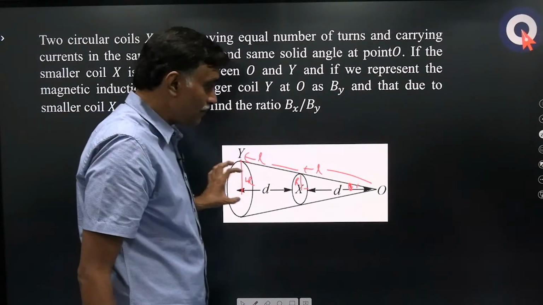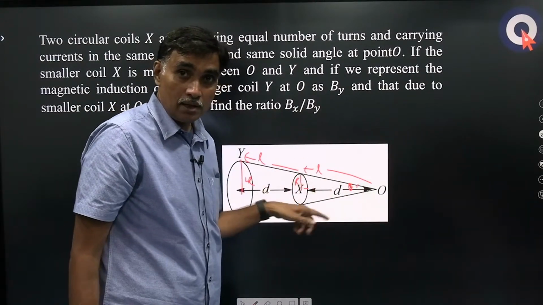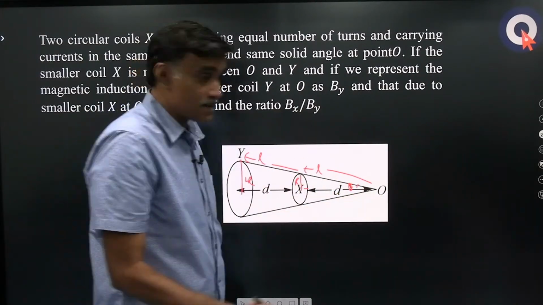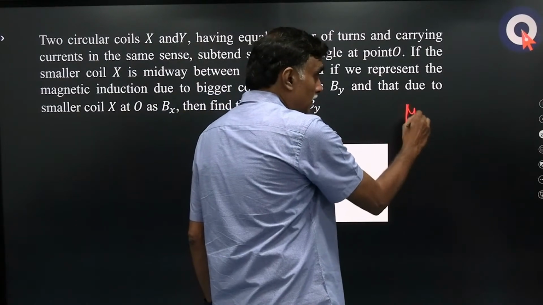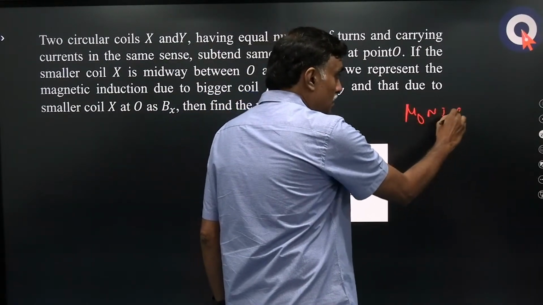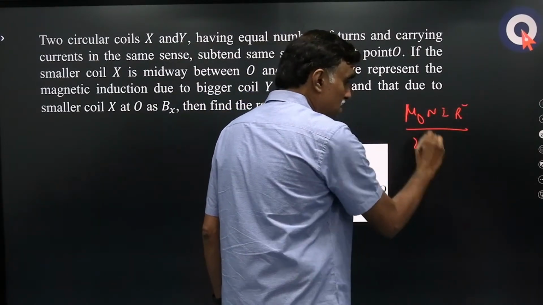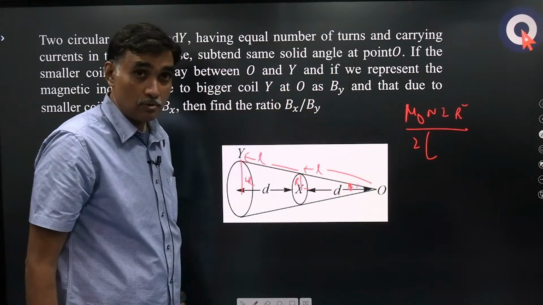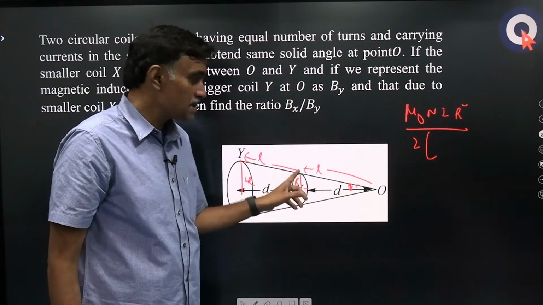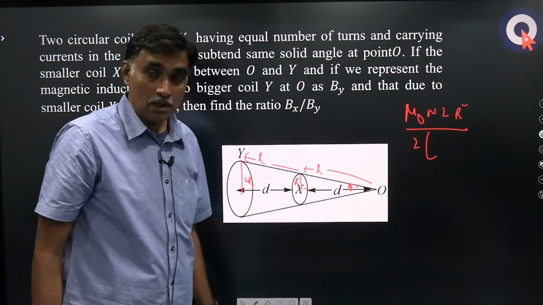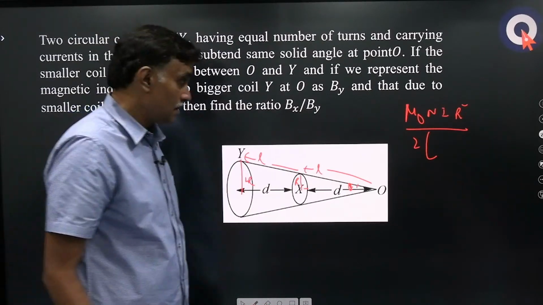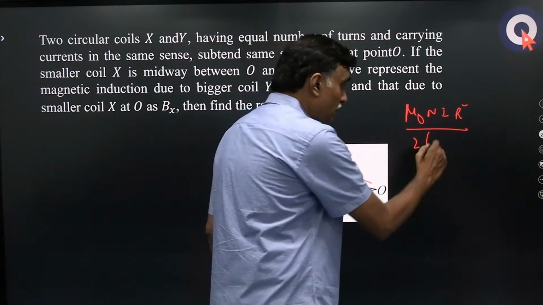Then what is the magnetic field formula due to a circular coil on axis? It is mu naught N i R square by 2 into (R square plus X square) whole to the power of 3 by 2. But R square plus X square is L square. So L square whole to the power of 3 by 2, that is L cube.